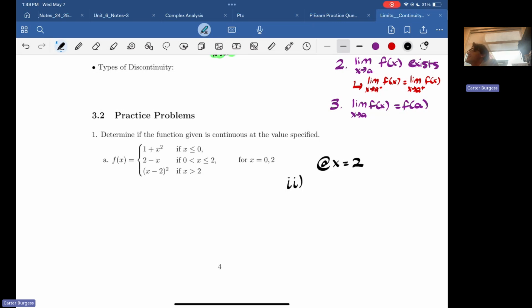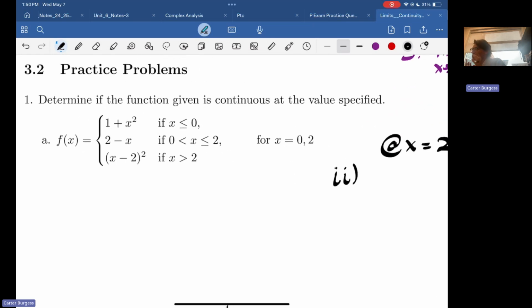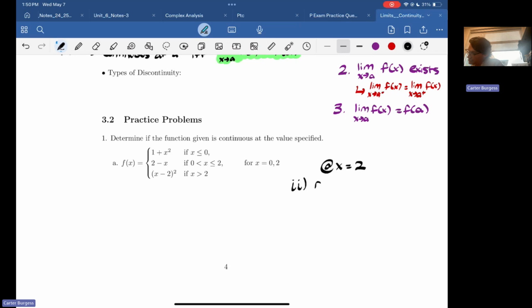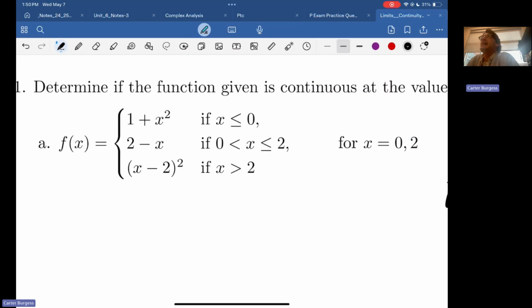Okay, what is the very first thing that we need to show in order to see if we have continuity? Okay, first we need to just plug in the point and see, do we get something that makes sense? Are we actually going to get an answer? If I am just plugging 2 into this function, which, if any, of these lines am I going to use? Which one cares about what is going on when x is equal to 2? Yeah, the 2 minus x, this middle one right here.